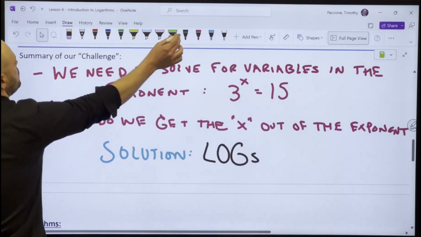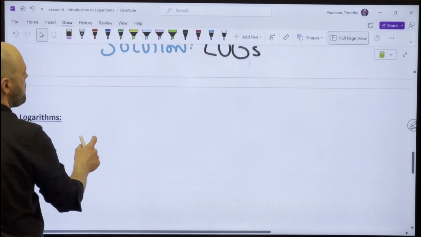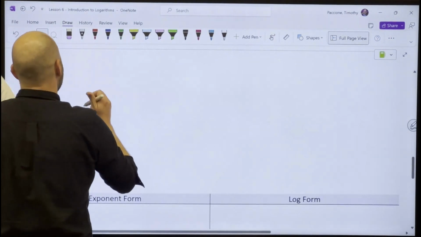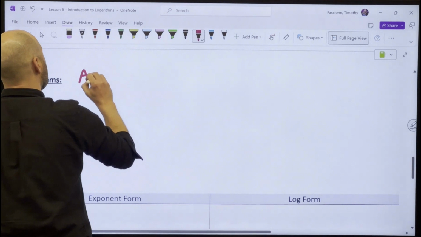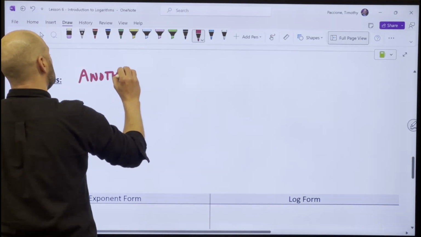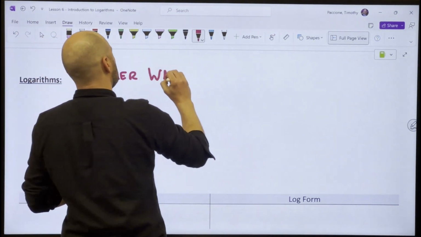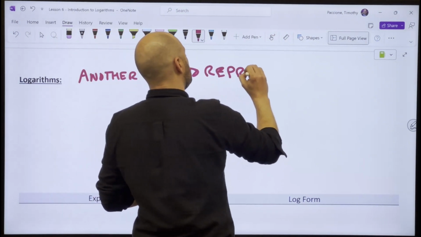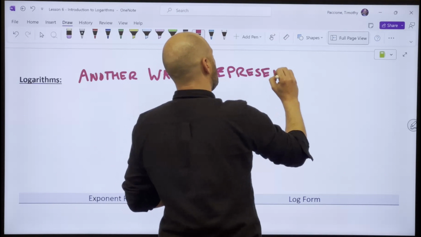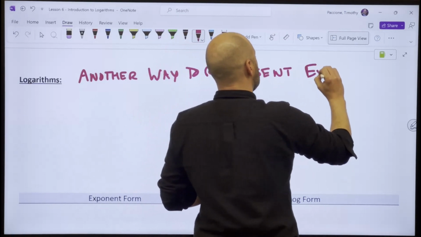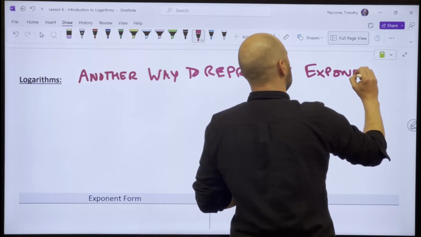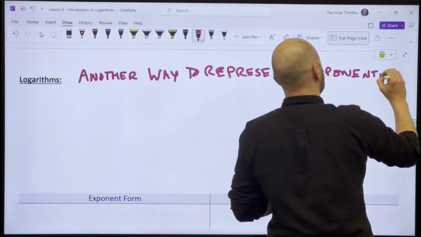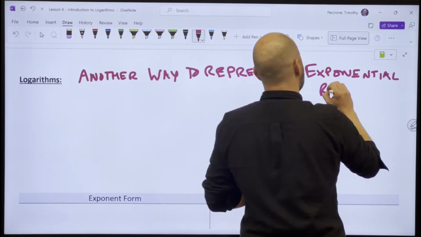Logs. Logarithms, logs are just another way to represent exponential relationships.